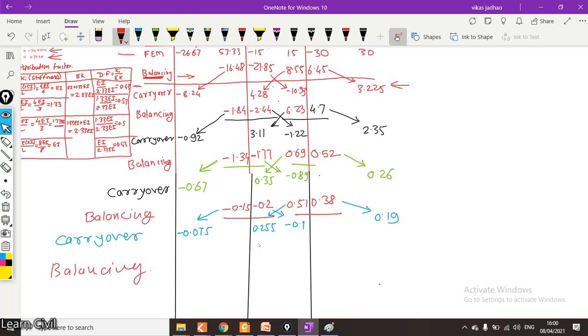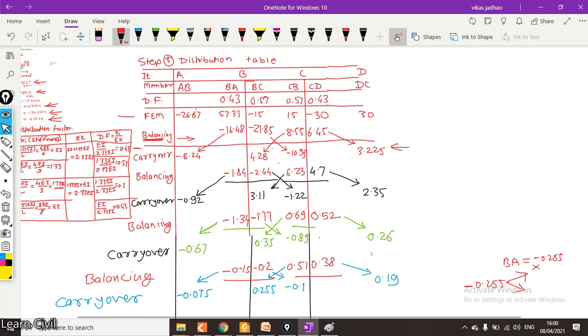So for balancing, what you have to do, you have to apply a balancing moment of minus 0.255 at joint B. So minus 0.255 will be distributed in terms of their distribution factor. So for BA it will be minus 0.255 multiplied by the corresponding distribution factor of 0.43.